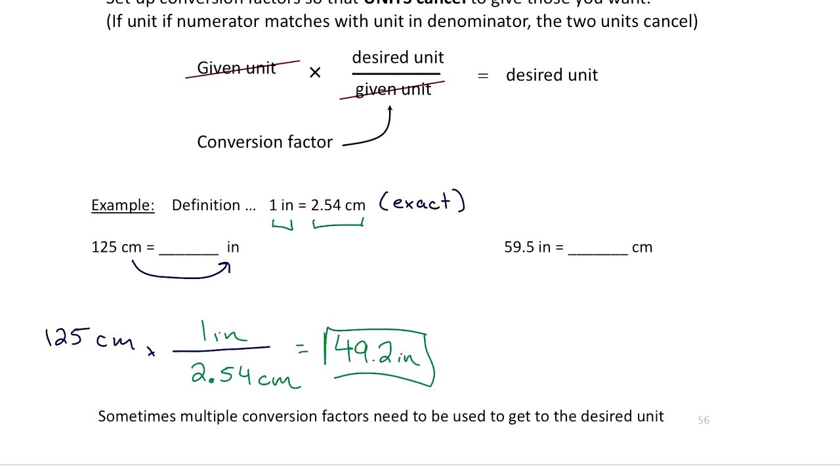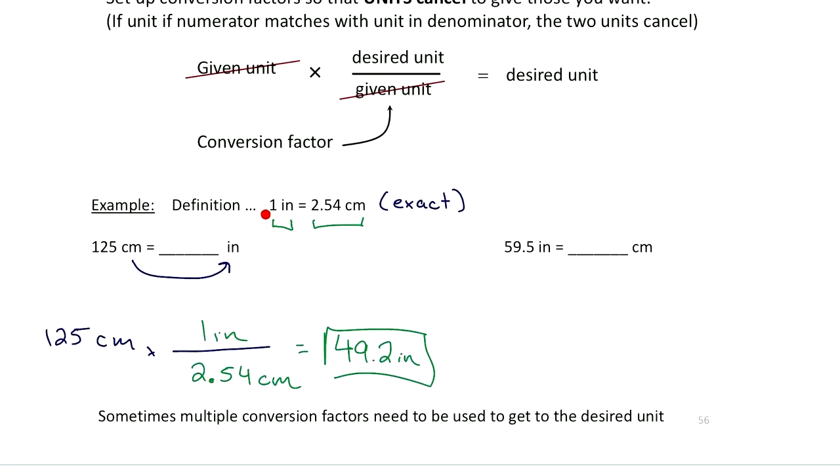Let's inspect sig figs here, because people have asked me about sig figs and dimensional analysis. How many sig figs are in the measurement that's given to us? 3. How many sig figs are in this definition? Infinite, because they're exact. How many sig figs are in this one, technically?